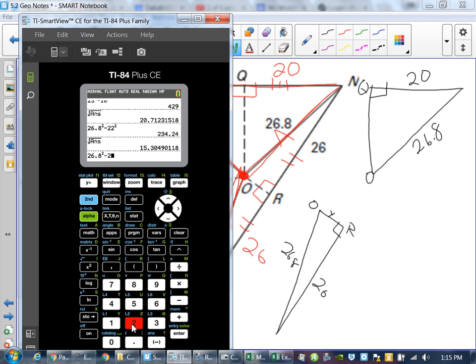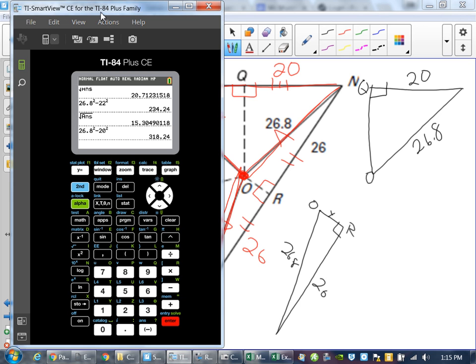26.8 squared, subtract 20 squared. Take the square root of that. 17.84 for OQ. You guys get that?